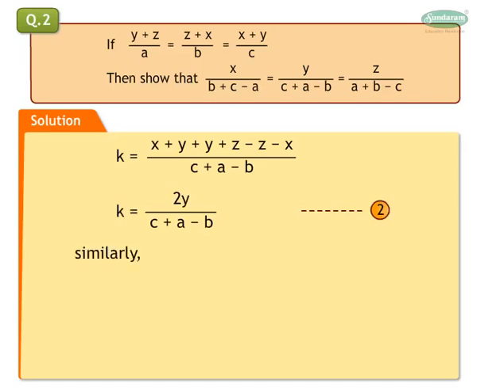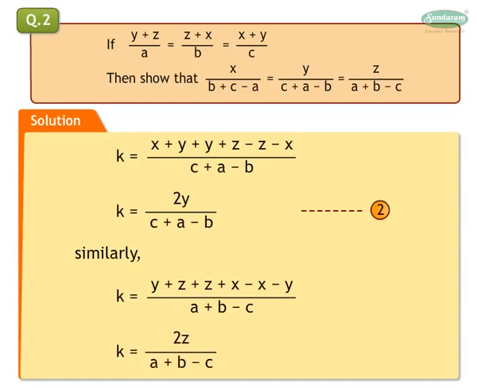Similarly, first ratio plus second ratio minus third ratio is equal to k, equal to ((y + z) + (z + x) − (x + y))/(a + b − c). We now simplify to get k equal to 2z/(a + b − c). Let us mark it as statement 3.